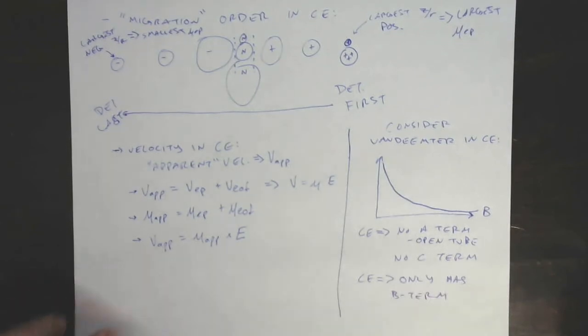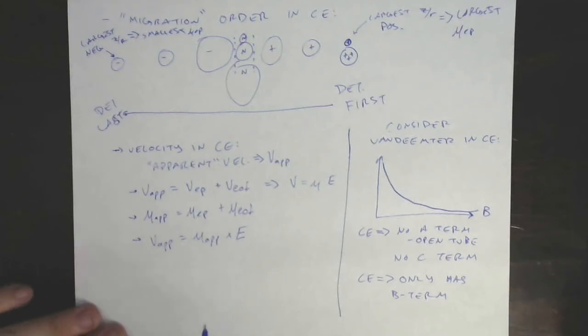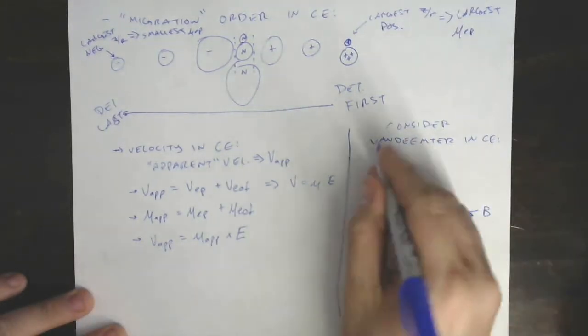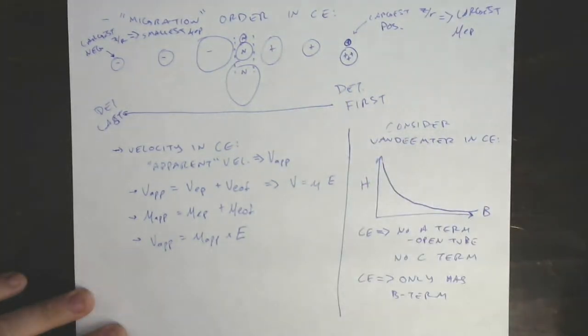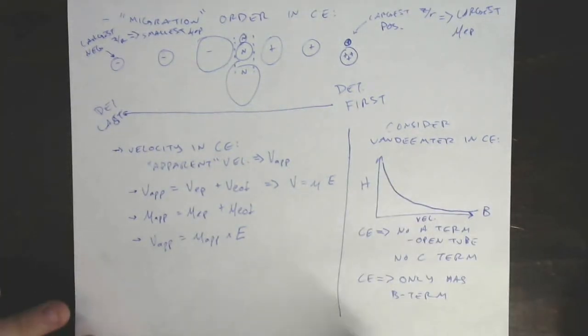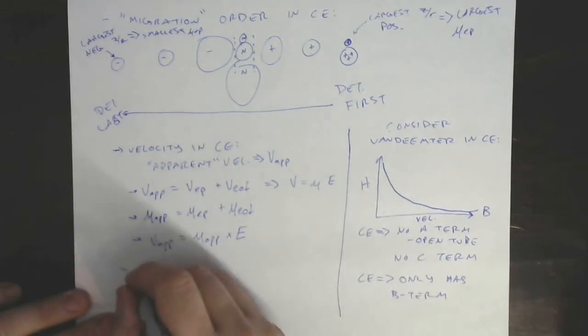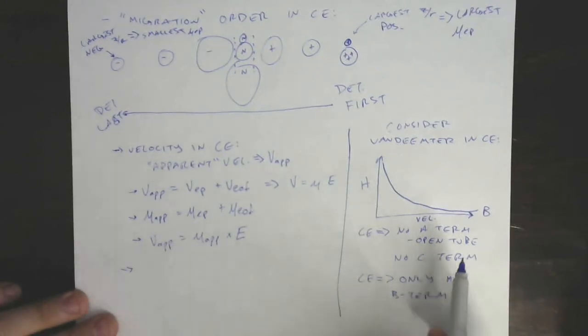And that makes for something extremely interesting. So remember, we should label these axes. This is our height equivalent to a theoretical plate. This is our velocity of flow. And if there's only a B term and we want to minimize this, basically the solution is very simple, right?